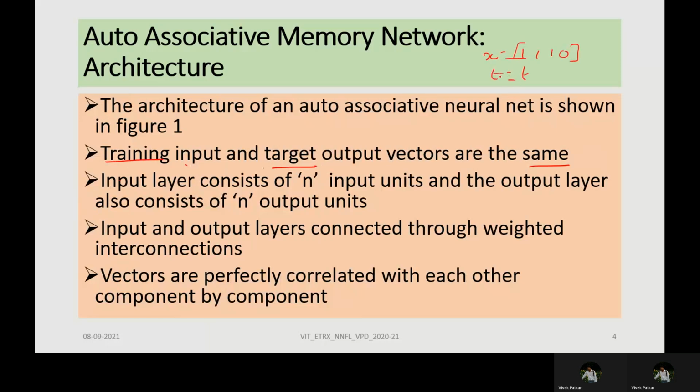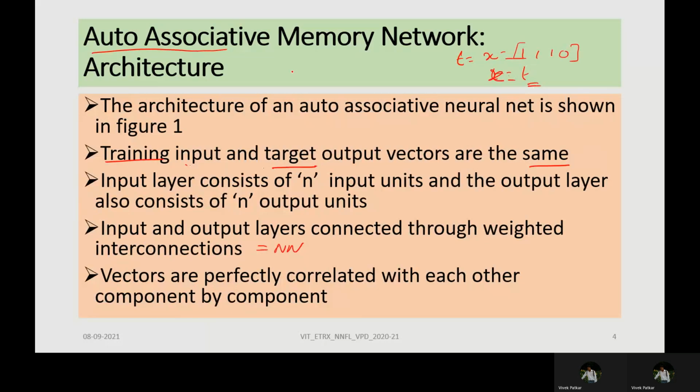You have to remember that the training vector will not be given separately. Only if you see the name auto associative, you should immediately understand that x is equal to t. Input and output are connected through weighted connections, because this is a neural network, and the vectors are perfectly correlated with each other, component by component.